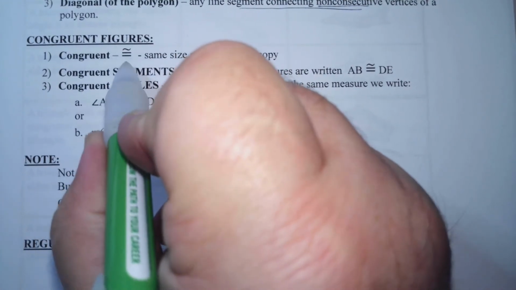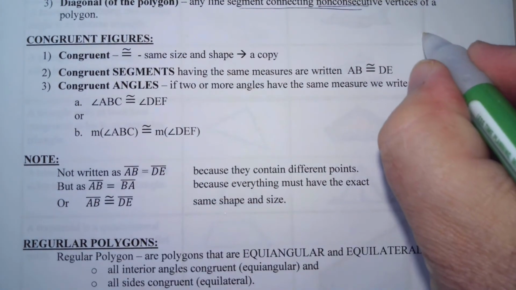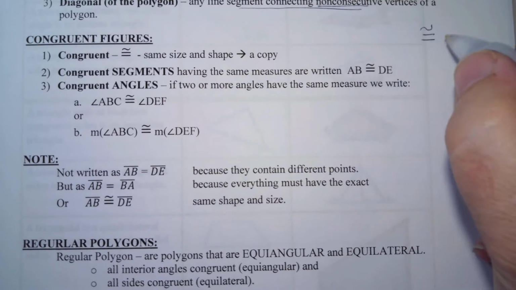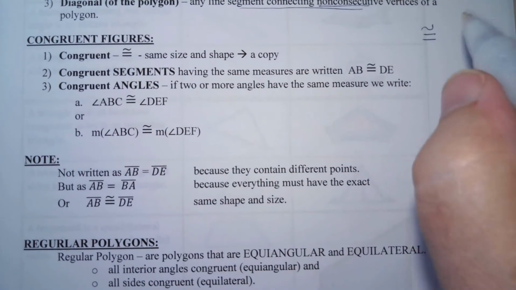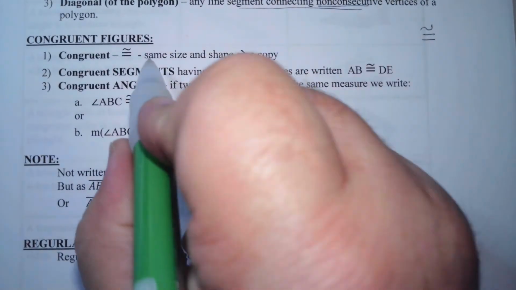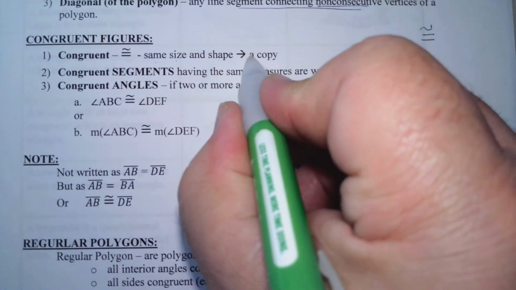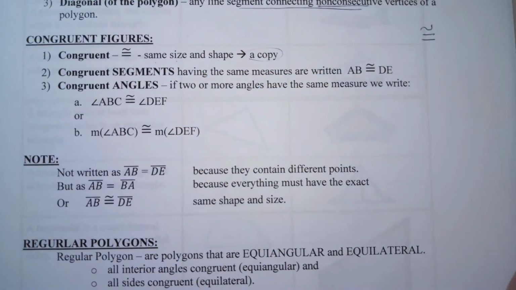Congruent figures. When you read the word congruent, we're going to use that symbol there, an equal sign with a tilde over it. That means it's congruent. It means more than equals because it has the same size and shape. It's a perfect copy, a duplicate of each other.